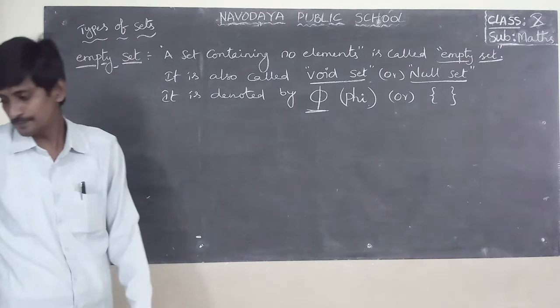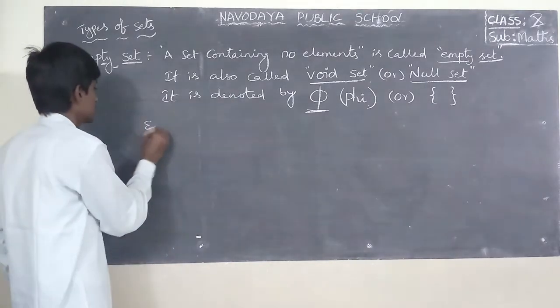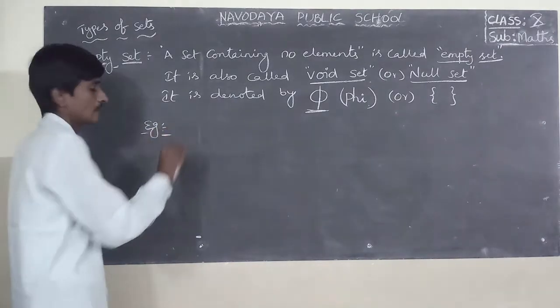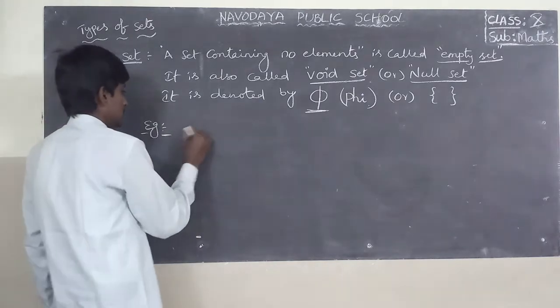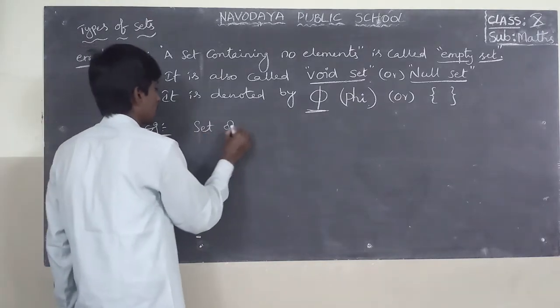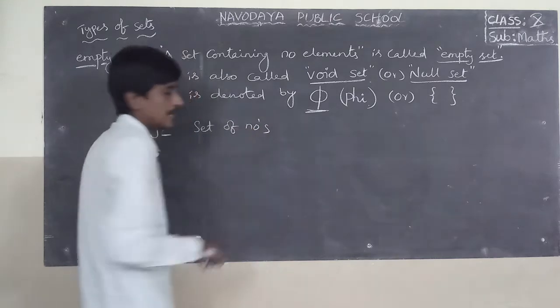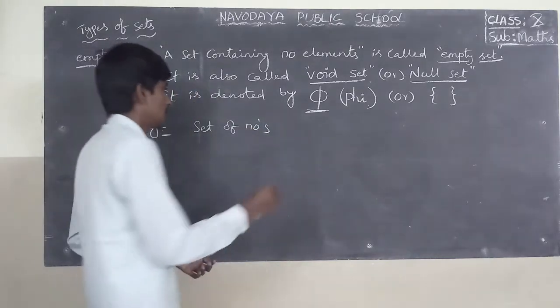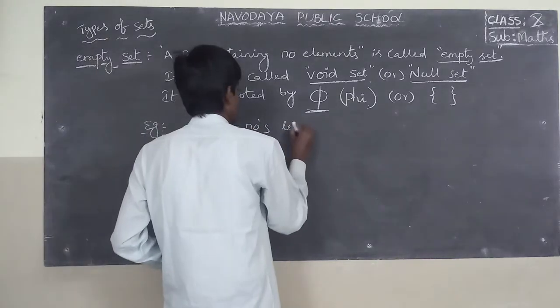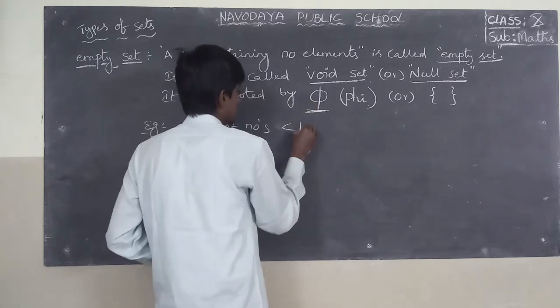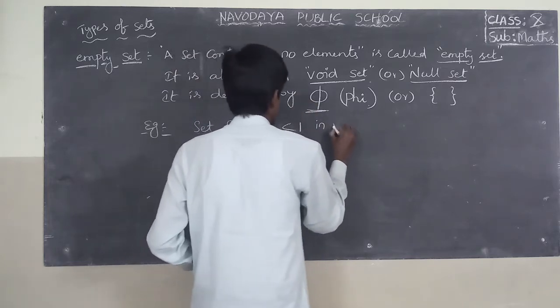For example, the set of numbers less than 1 in the natural number set.